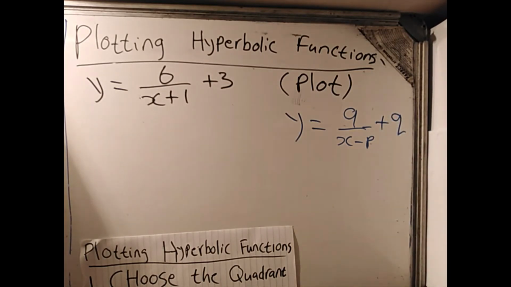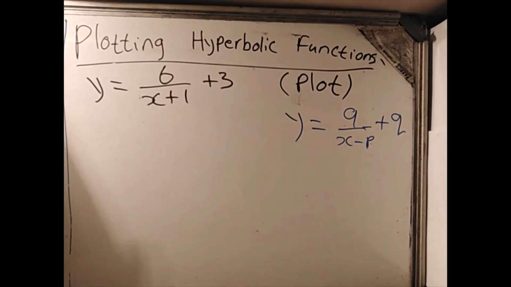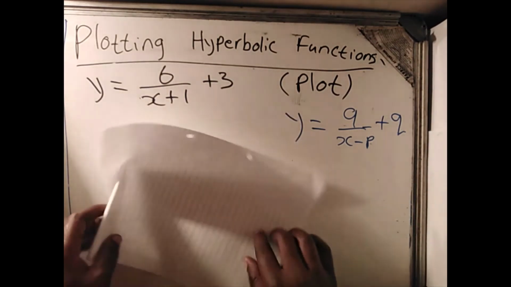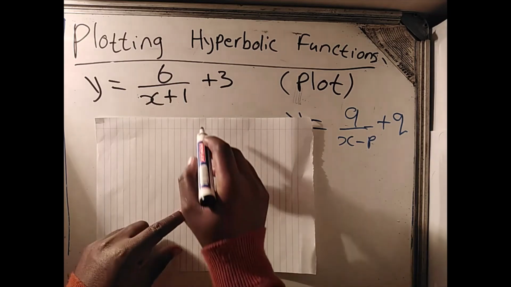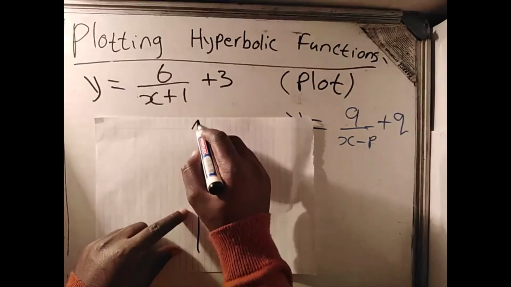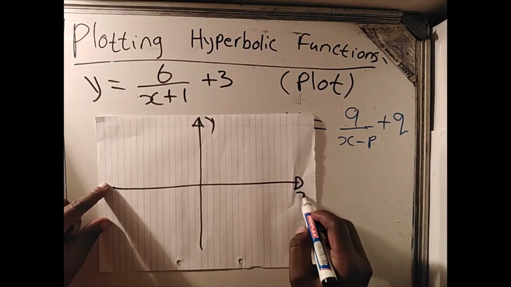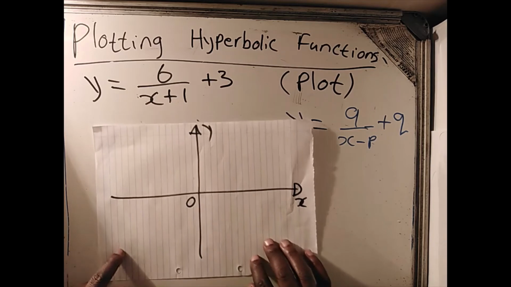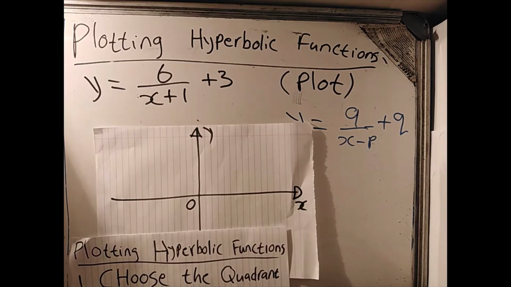So step number 1, choose the quadrant. Before we choose the quadrant, let's put our graph paper here so that it looks nice, and then we plot it here. Let's say this is our y-intercept, and this is 0. Step number 1, choose what?